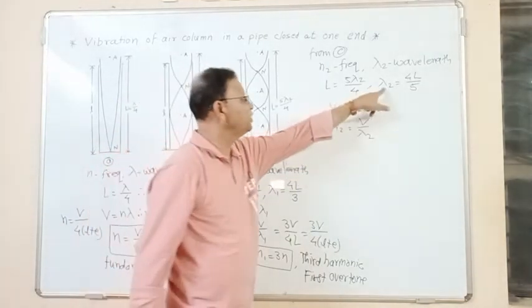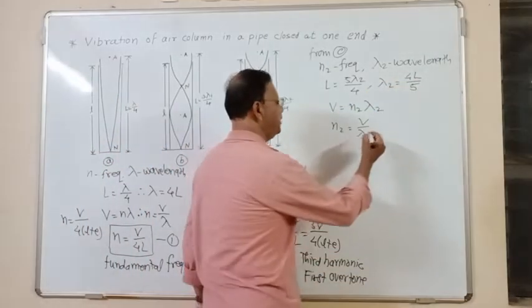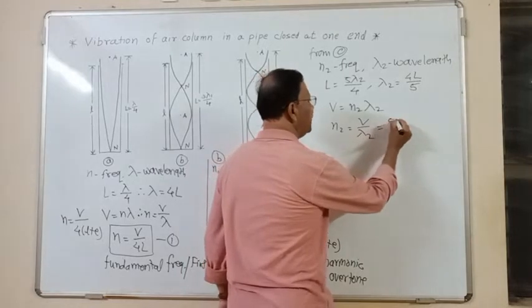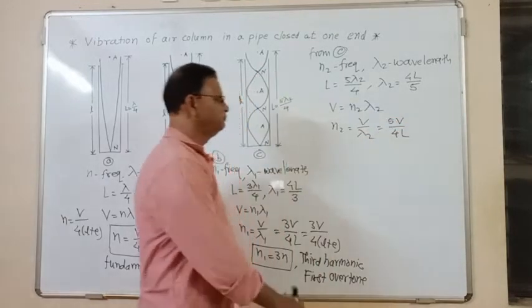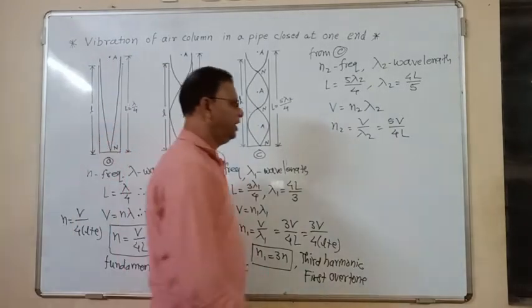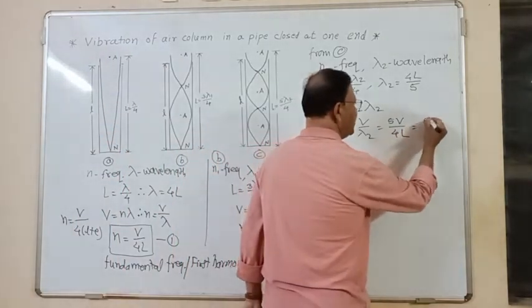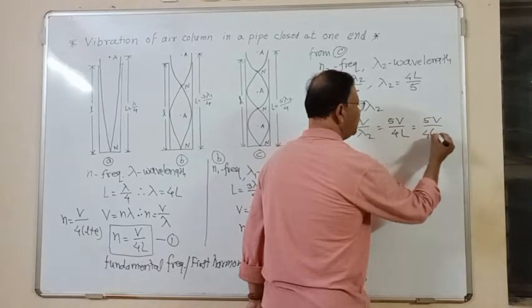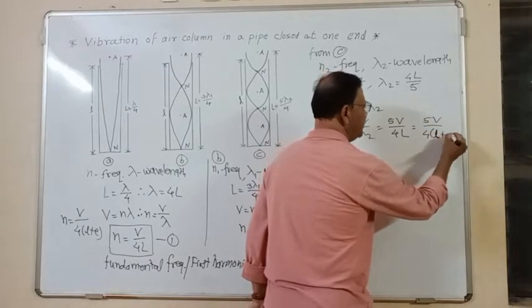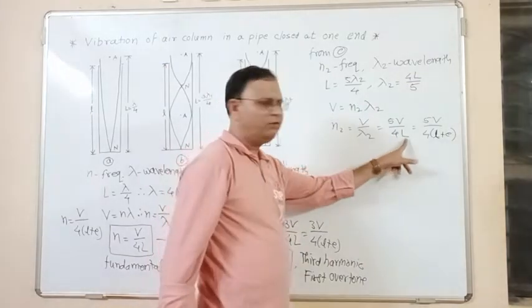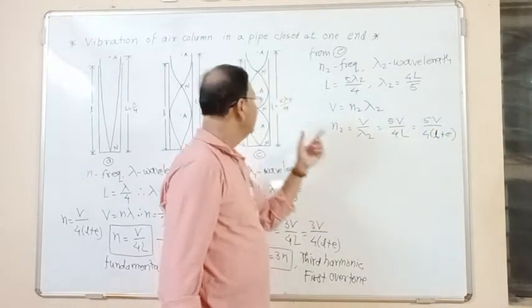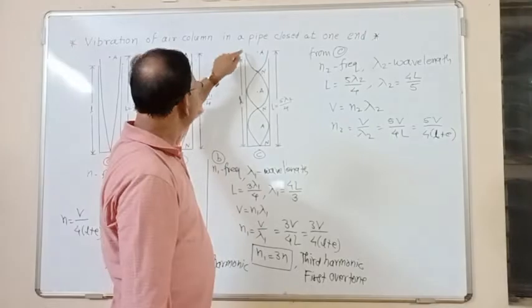But lambda 2 is equal to 4L by 5, and therefore N2 is equal to 5V divided by 4L. Also we can write this as 5V divided by 4 into small l plus e in terms of end correction. Instead of writing capital L, we can write small l plus e, that is, length of the air column plus end correction.